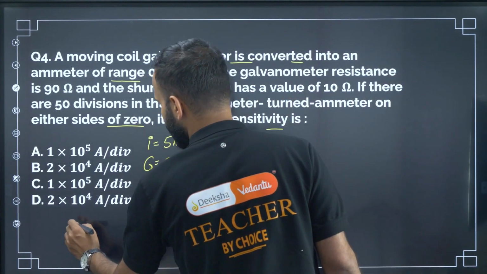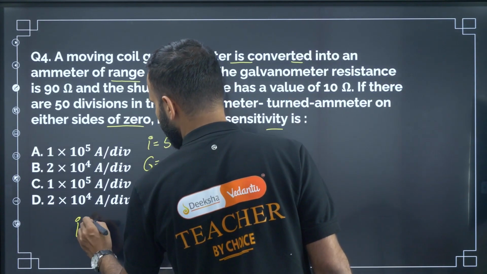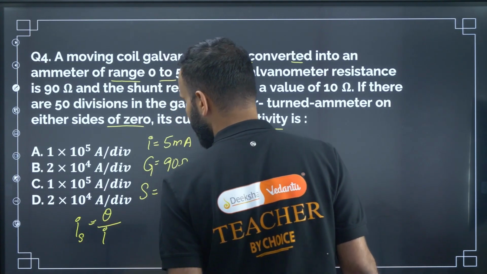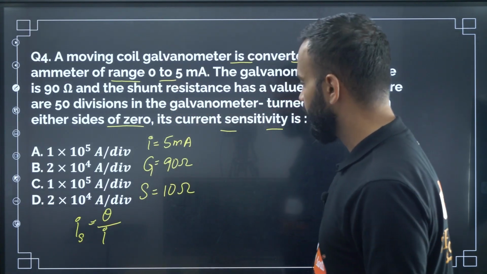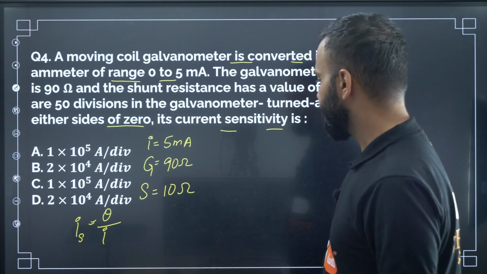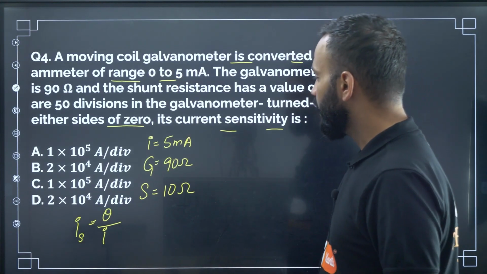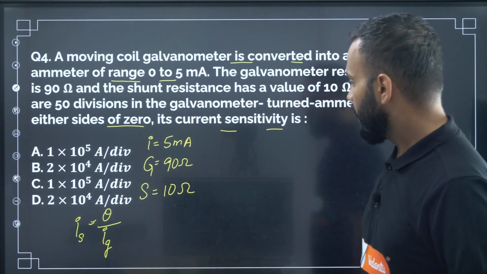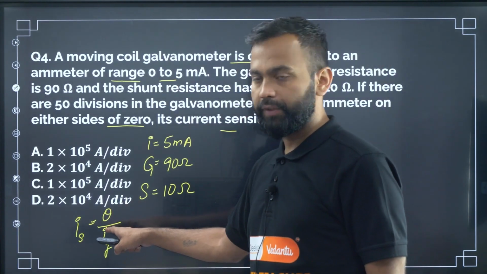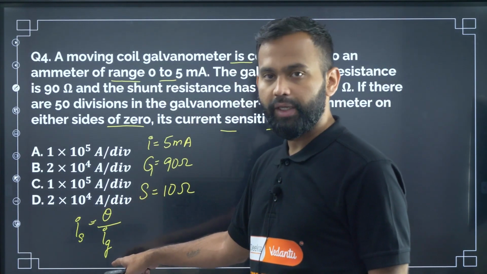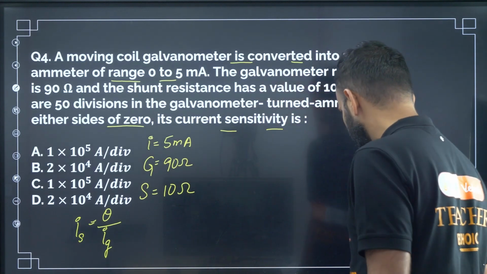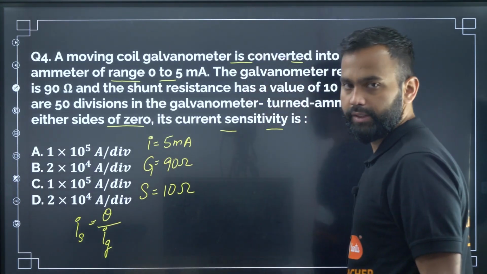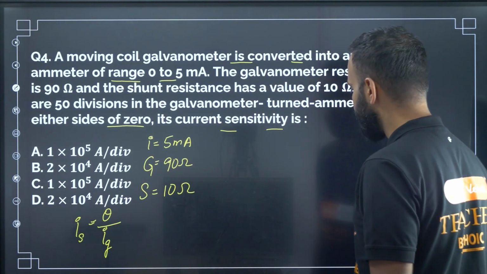So we know that current sensitivity Is is equal to the deflection in the galvanometer theta divided by current I, right? In this case, it is theta divided by Ig, the range of the galvanometer. Here theta is the number of divisions. We need to find the value of Ig. How to find it?